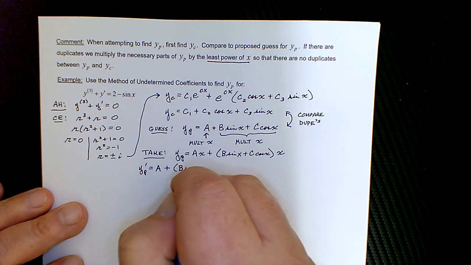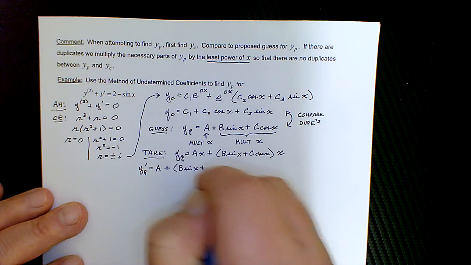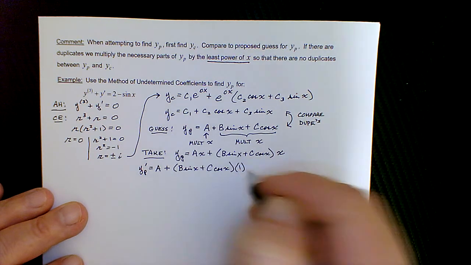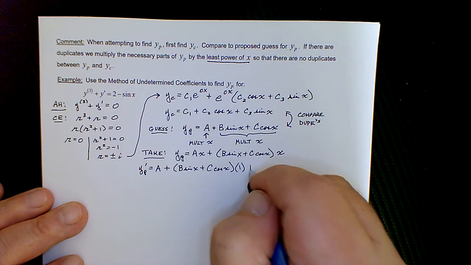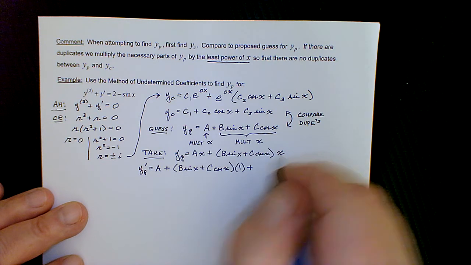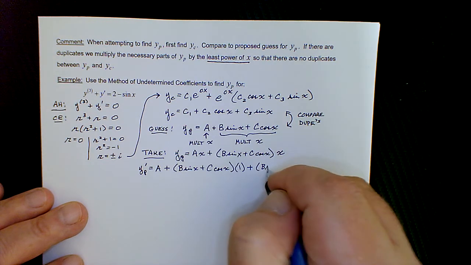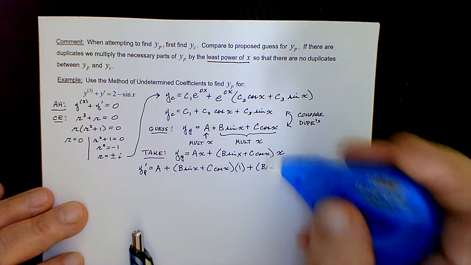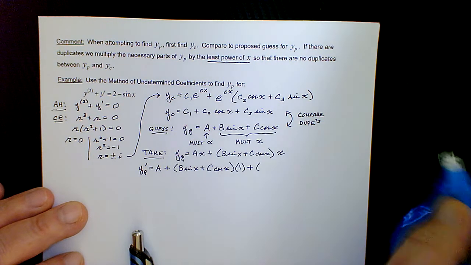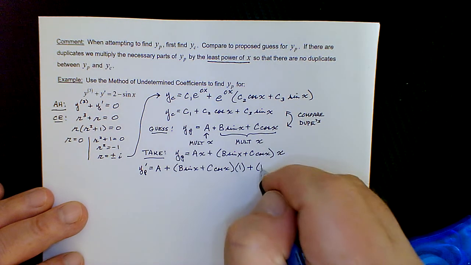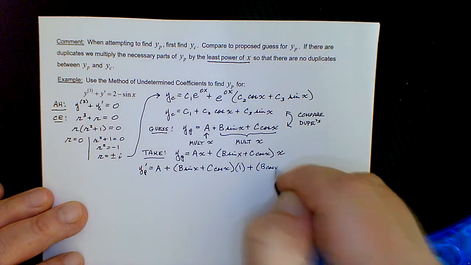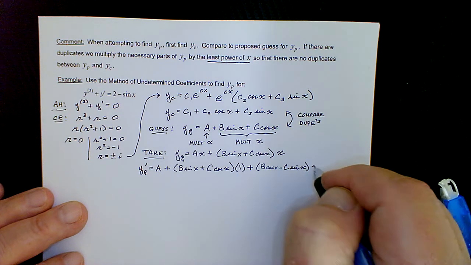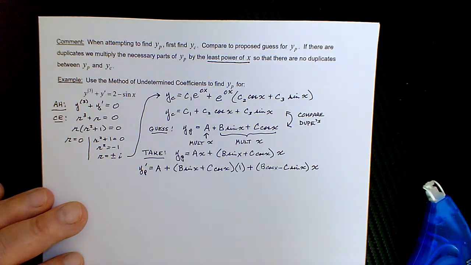So first factor, b sine x plus c cosine x, times the derivative of the second, derivative of x, which is 1, and then plus the second factor x, I'll hold on to that, take the derivative of what's in parentheses there. So that's b cosine x minus c sine of x, and then times that x we were holding on to.